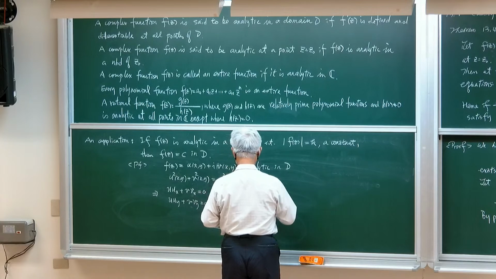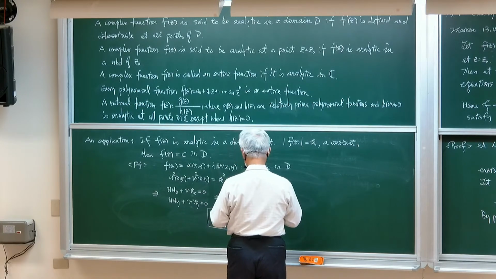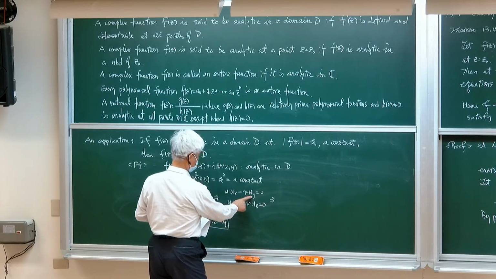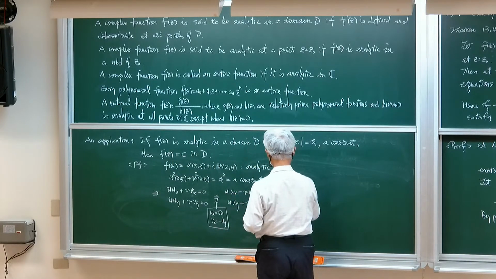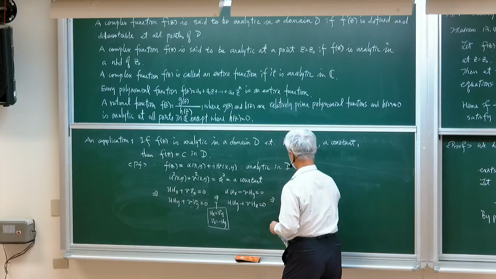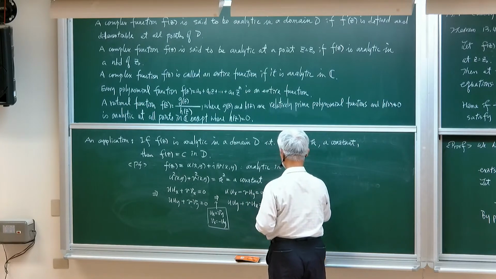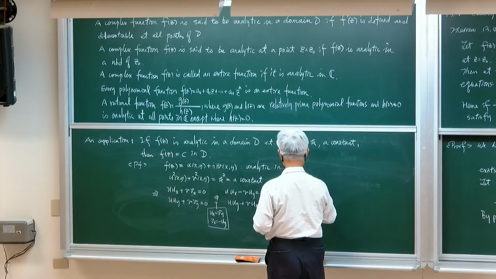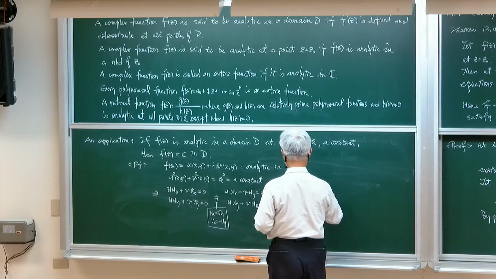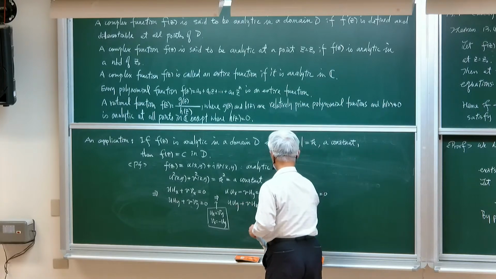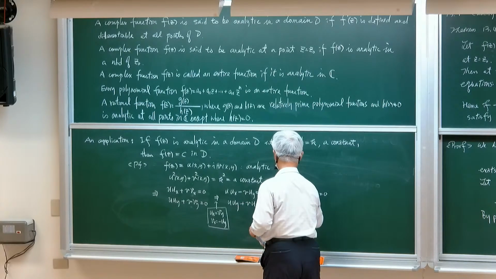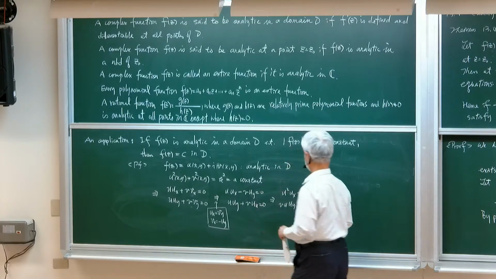And now we can cancel u_y by multiplying the first equation with u, and multiplying the second with v, right? So v u u_y plus v squared u_x equals 0.